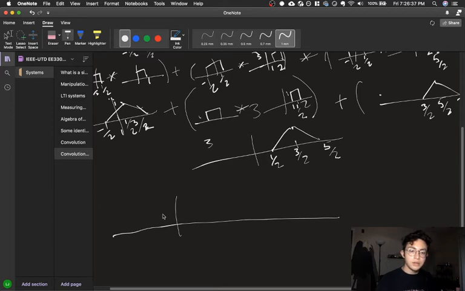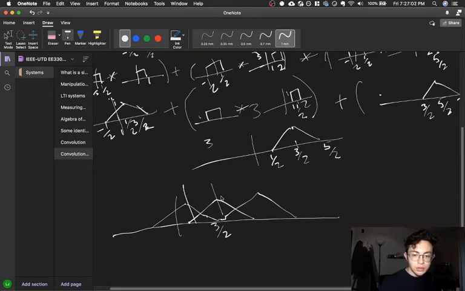So -1/2 to 1/2 to 3 halves. And then this starts at 1/2. And then this one all the way to the right starts at 3 halves. So this will be like some t. So we notice our bounds here.